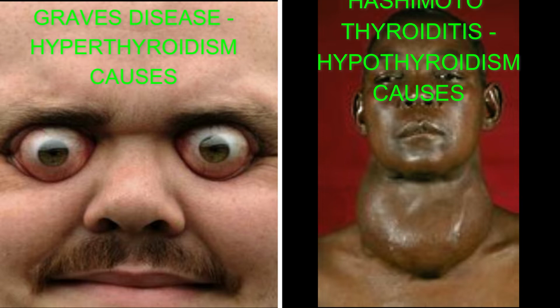Autoimmune diseases. Treatment of hyperthyroidism: as a result of getting the medication to treat hyperthyroidism, that could decrease the thyroid hormone to the point where the person now is showing signs of hypothyroidism.